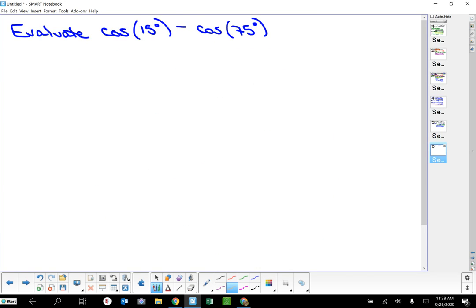Cosine minus cosine. So we're going to use cosine alpha minus cosine beta. And that equals -2. Don't forget that negative sign. -2 sine alpha plus beta over 2 sine alpha minus beta over 2.